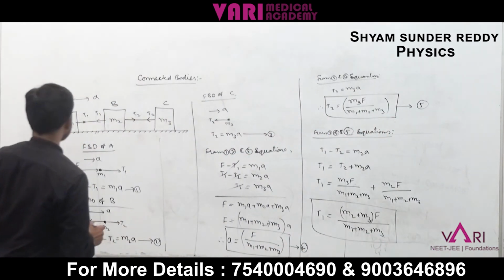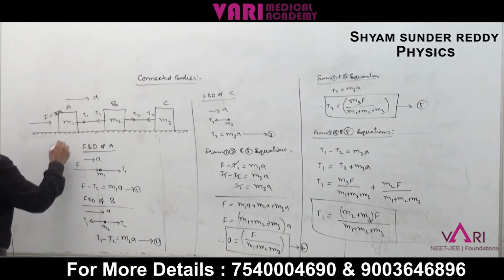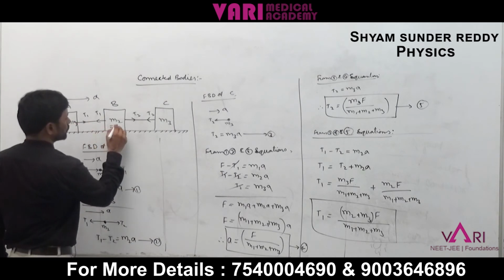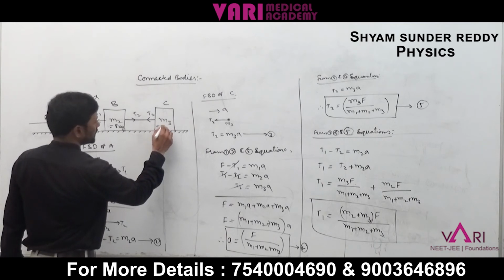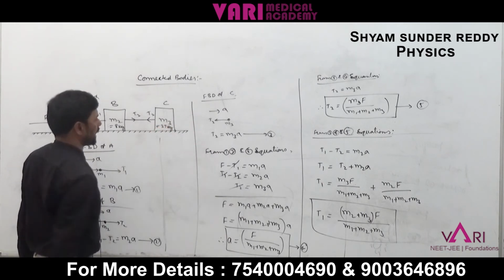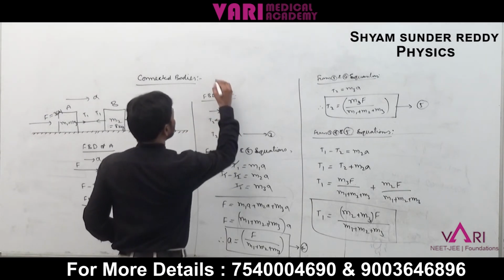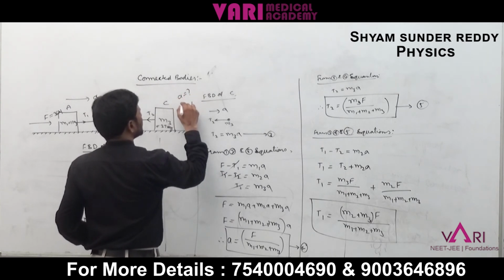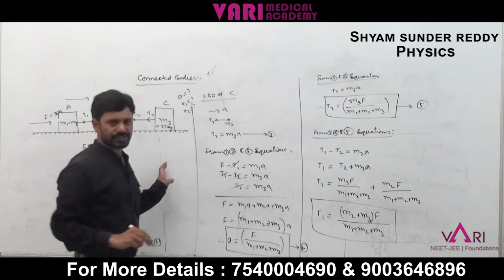Here it is. Applied force 36 newtons and M1 is equal to 1 kg, M2 is equal to 8 kgs, M3 is equal to 27 kgs. Then what is A? And T1 is equal to what? T2 is equal to what in this system?